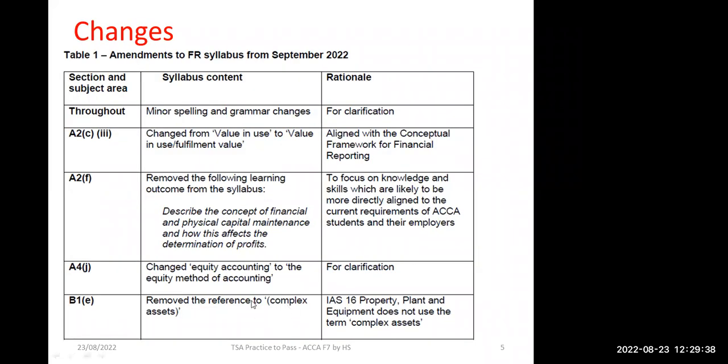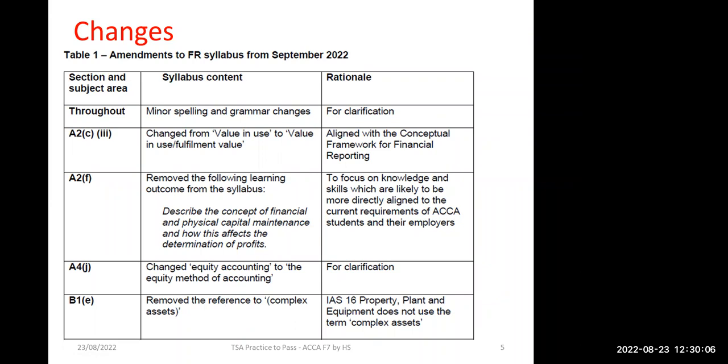Similarly, they have removed the word complex assets from IAS 16. Do you have any idea about complex assets? We call complex assets those having different significant components, each having a different useful life. According to IAS 16, we depreciate each and every single component separately.